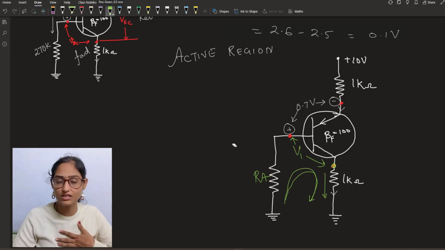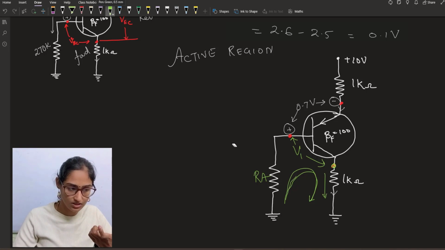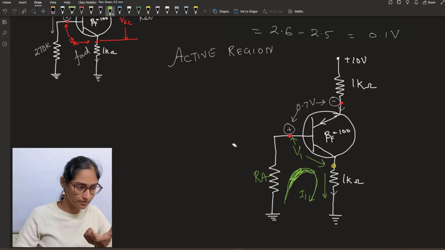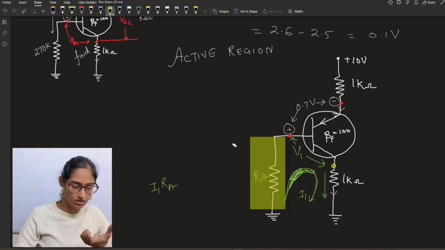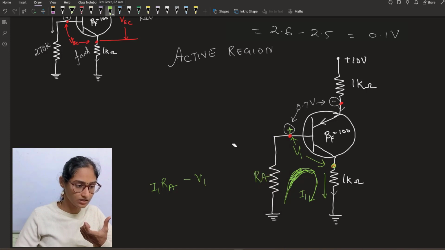For our consideration of this KVL equation, this current direction is the master. So it will be I1 into RA, which is the voltage across this resistor, minus V1 because this is positive here, and it is plus 1 kilo ohm into IE equal to 0.